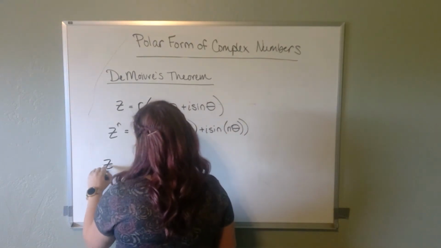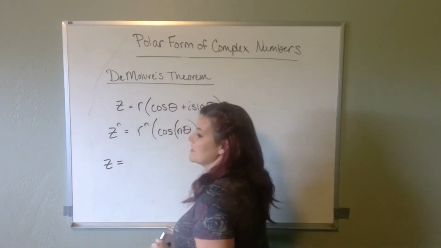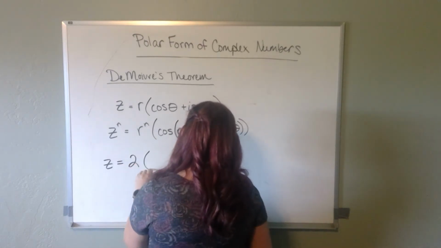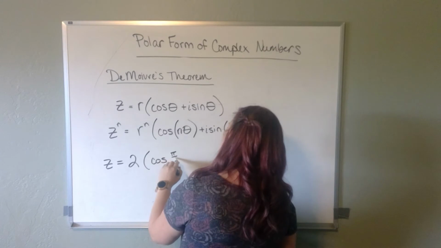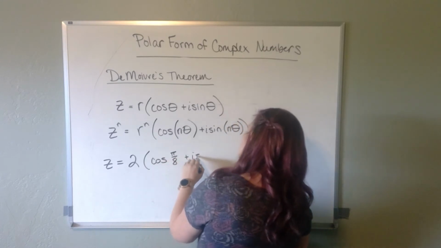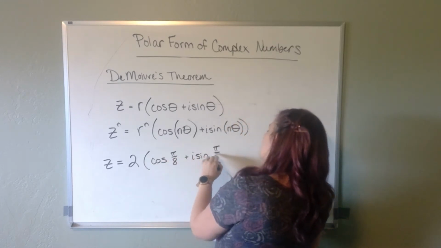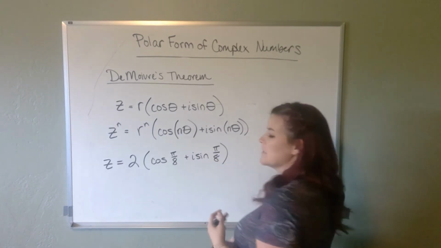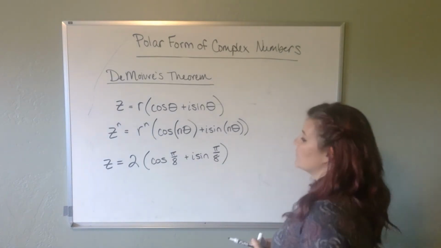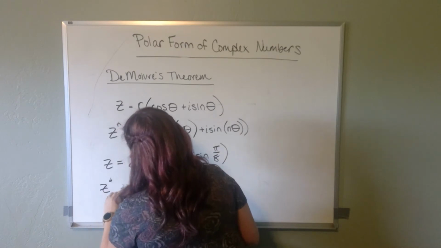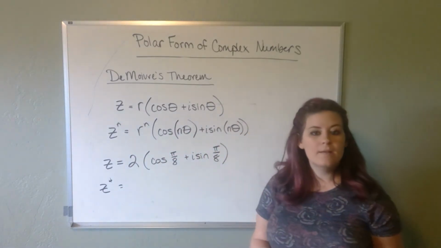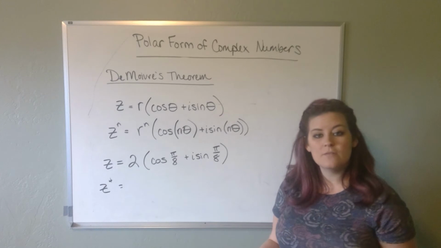So I want to do this one where z equals 2 times the cosine of pi over 8 plus i times the sine of pi over 8. This is my z. What I want to find is z raised to the 4th power. So how do I raise everything to the 4th power?